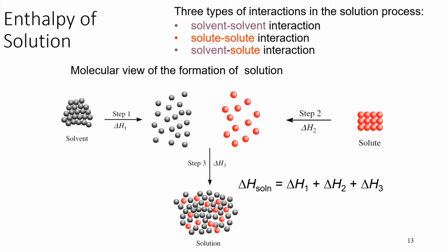And so that would be an exothermic process. Or the reverse, if there's more energy in this product than there are in the reactants, then that would be an endothermic process, trying to get it to go into solution.